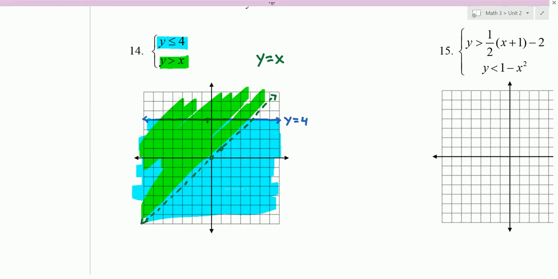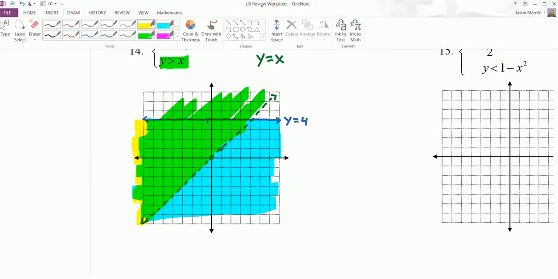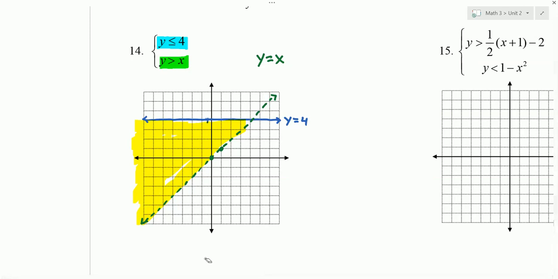And so I'm going to color that part in yellow, and I'm going to erase the blue and the green so you see what's left. So that's the area where both shadings cross, and that's our solution.